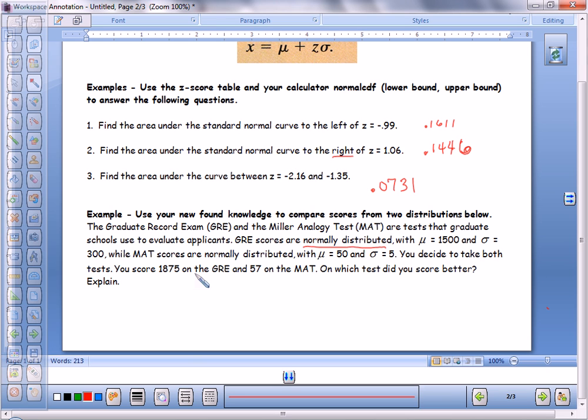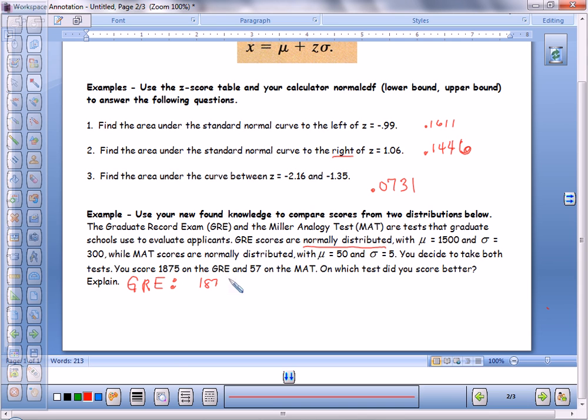When we're comparing apples and oranges, two different things, it's nice to be able to come up with a central way of making those conversions. So what we're going to do is convert this to a z-score. First we'll do the GRE. We start off with what you made, your score minus the mean, divide by the standard deviation.